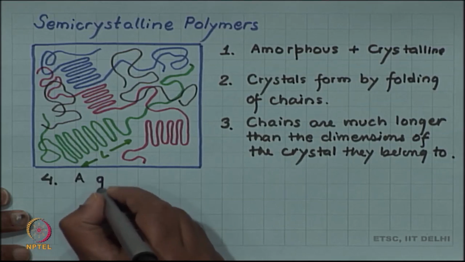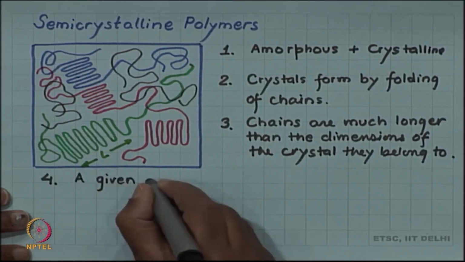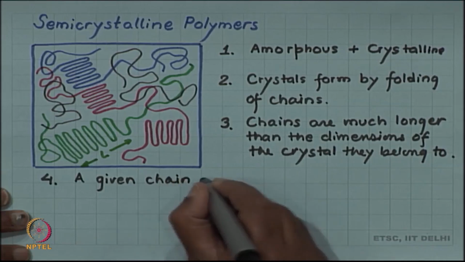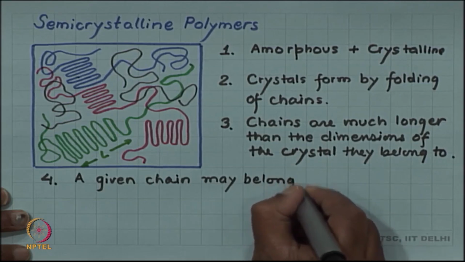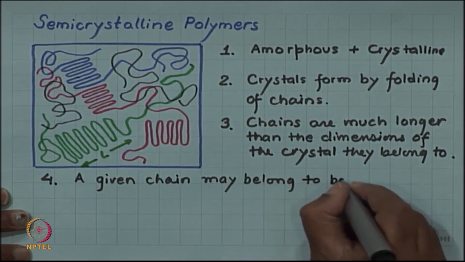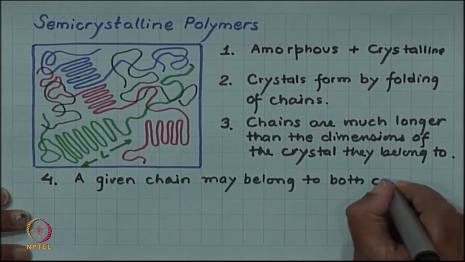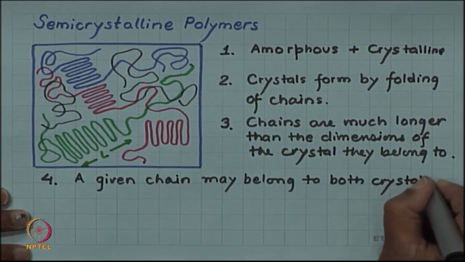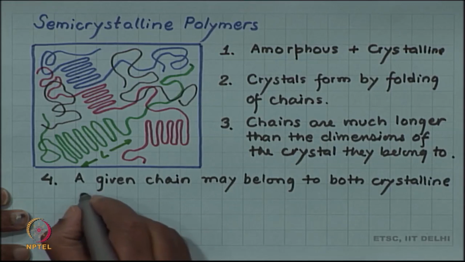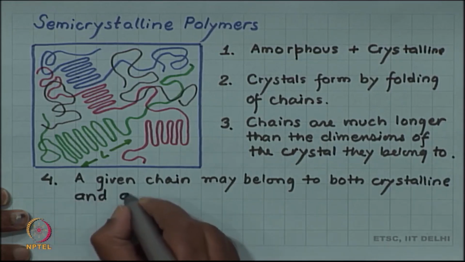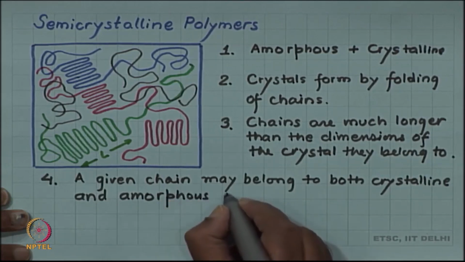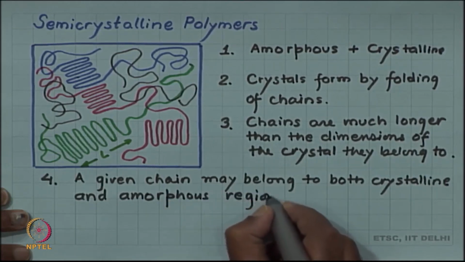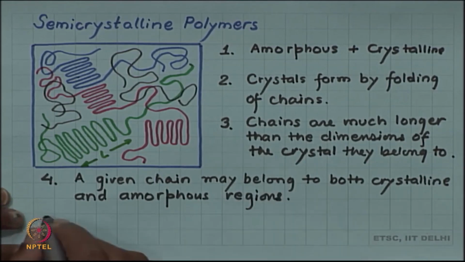So, a given chain may belong to both crystalline and amorphous regions.